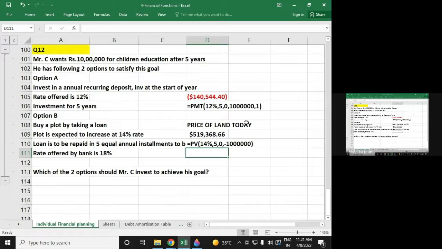अब ये खरीदेंगे कैसे? लोन लेके. तो लोन की आज की वैल्यू होगी 5 लाख और हम ये रिपे करेंगे 5 इक्वल एनुअल इंस्टॉलमेंट्स पे. तो EAI, equal annual installment for the loan will be based on PMT. Rate is 18%, number of years 5.